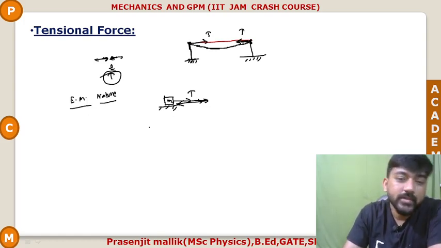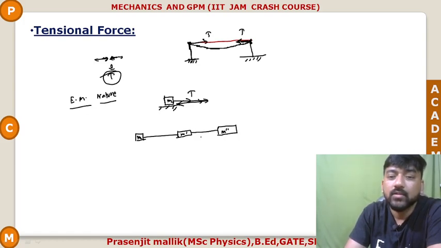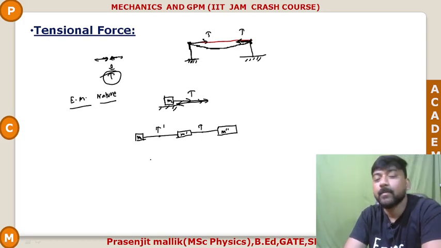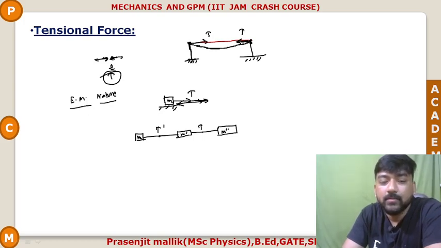And if you have two objects, suppose we have an object here, M, another object, M dash, and another object, M double dash. If the tensional force here is T, then the tensional force here will be different, that is T dash. So for different ropes or strings which are separated by a mass, the tensional force will be different.